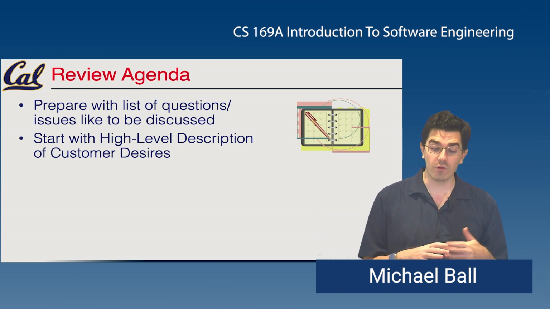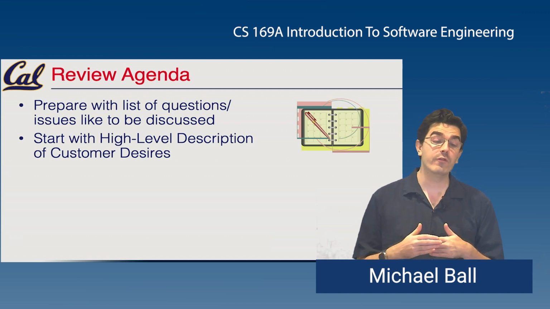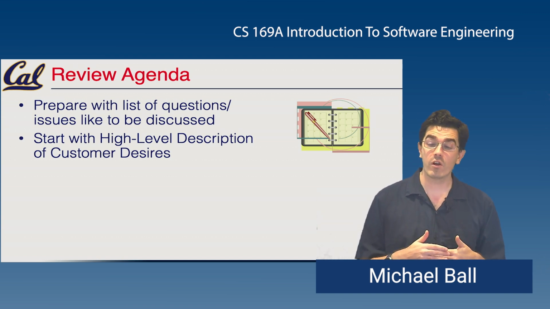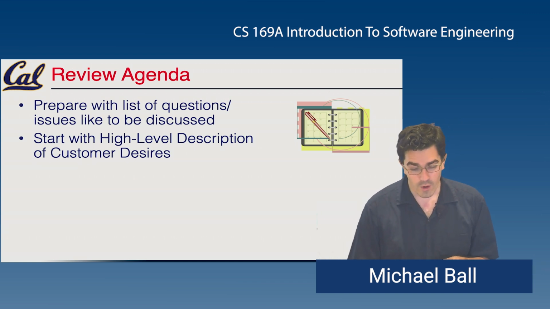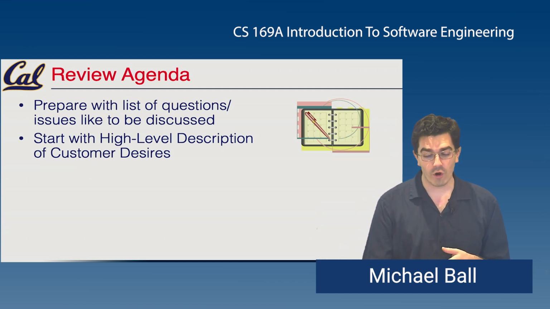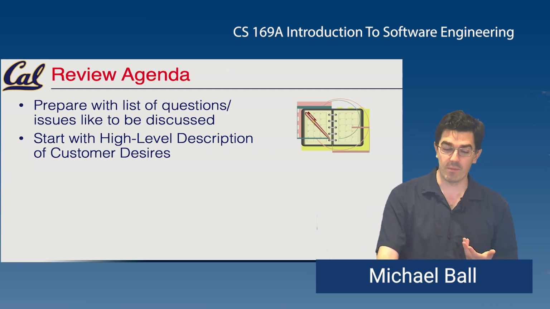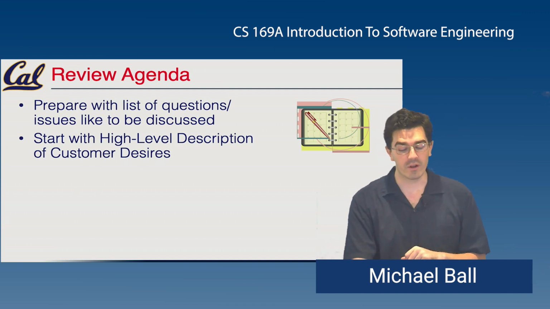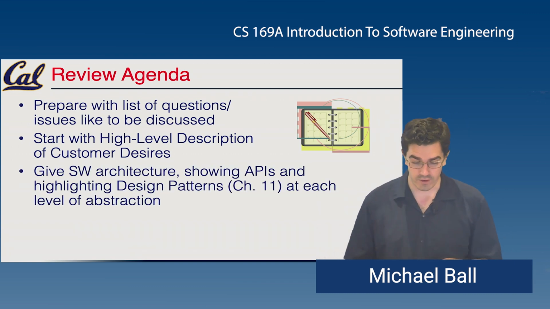Those might be higher level if it is a design review, or very specific about certain edge cases or security vulnerabilities if it is a code review. Always remember to, in either case, start with the customer desires and the reason that this feature exists. If it's security, that might be pretty obvious, that we don't want security vulnerabilities in an app, but it's helpful to state why you're having that meeting so that everyone's on the same page.